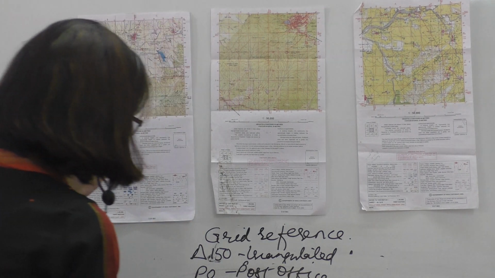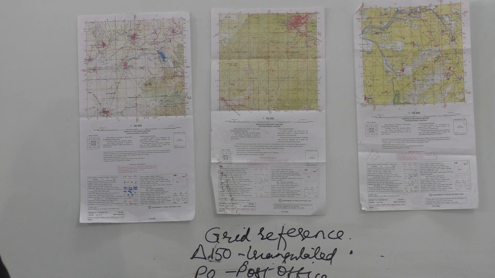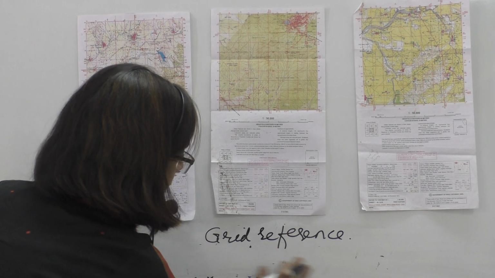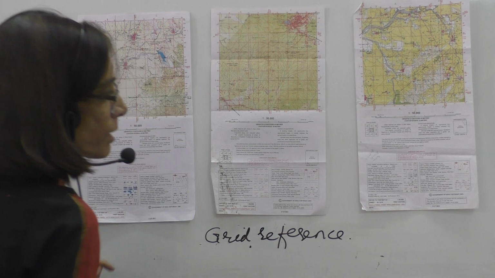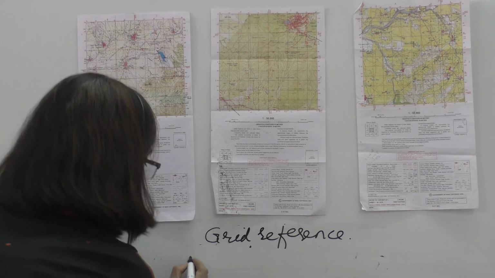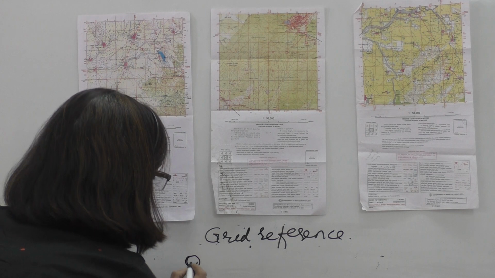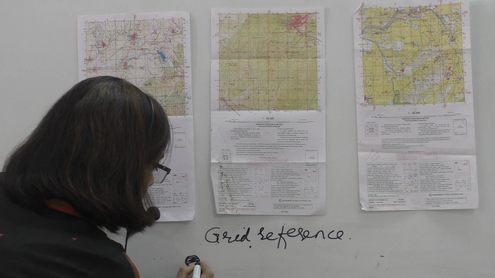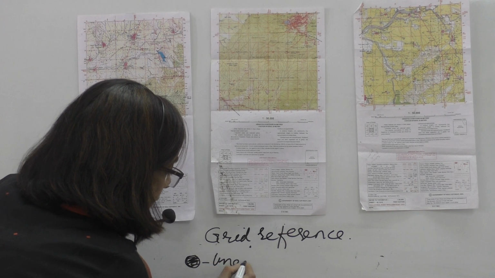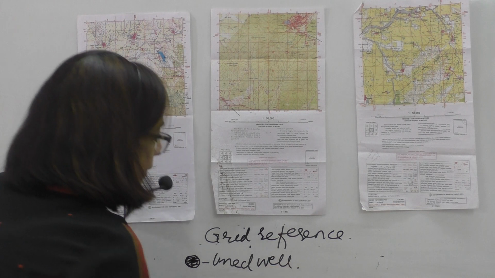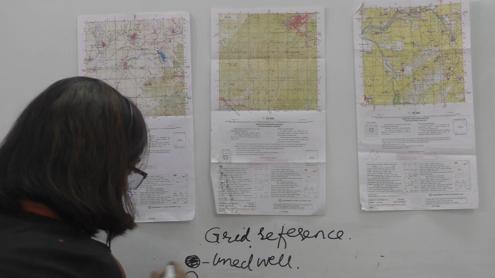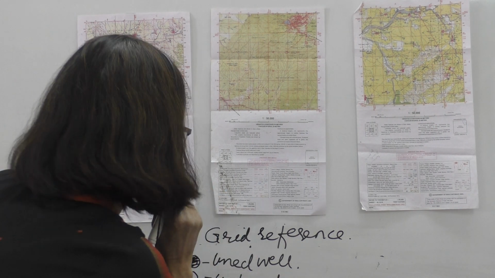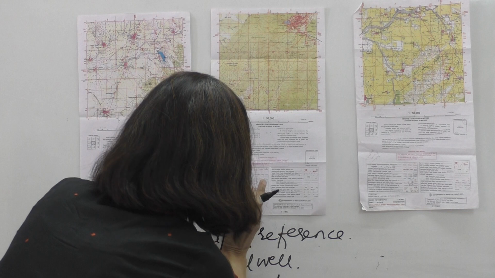Then they may ask you about a lined well. Generally the questions pertain to these types of objects. A lined well is a circle filled with blue color. If it is not filled, then it is an unlined well.